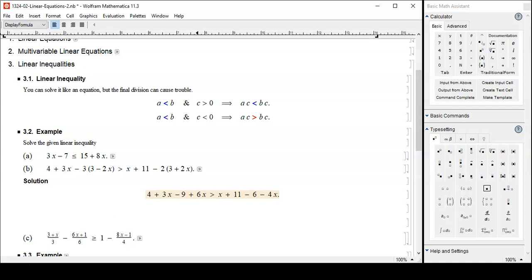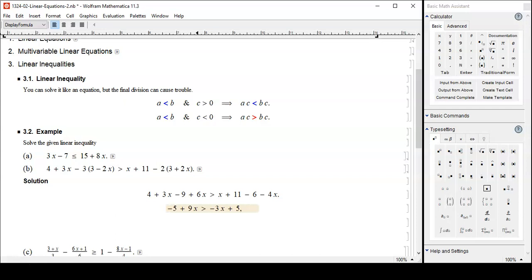Okay, let's take the like terms together. What do we have here? 4 minus 9, so negative 5, plus 3 plus 6, that's 9x, that's strictly greater than x minus 4x, negative 3x, and then plus 11 minus 6, so that's 5.